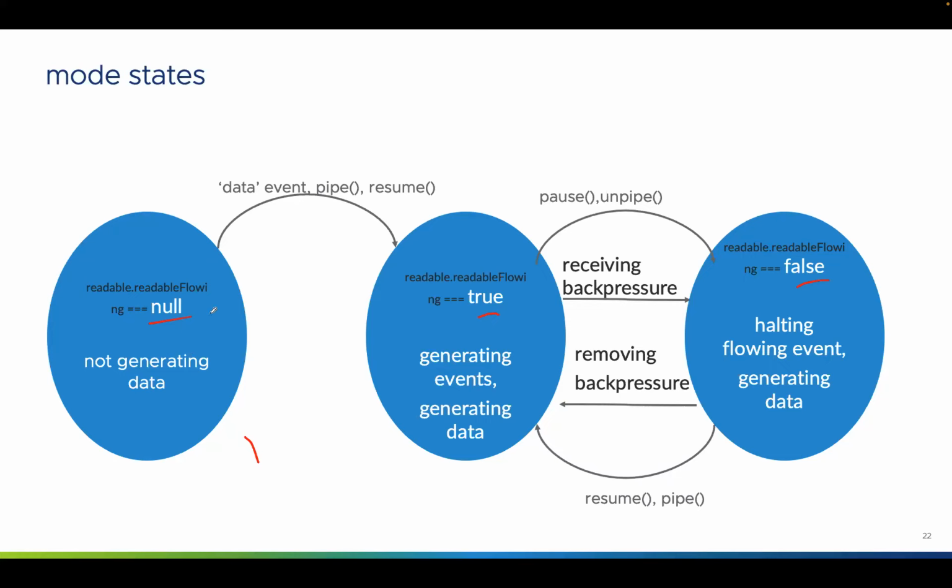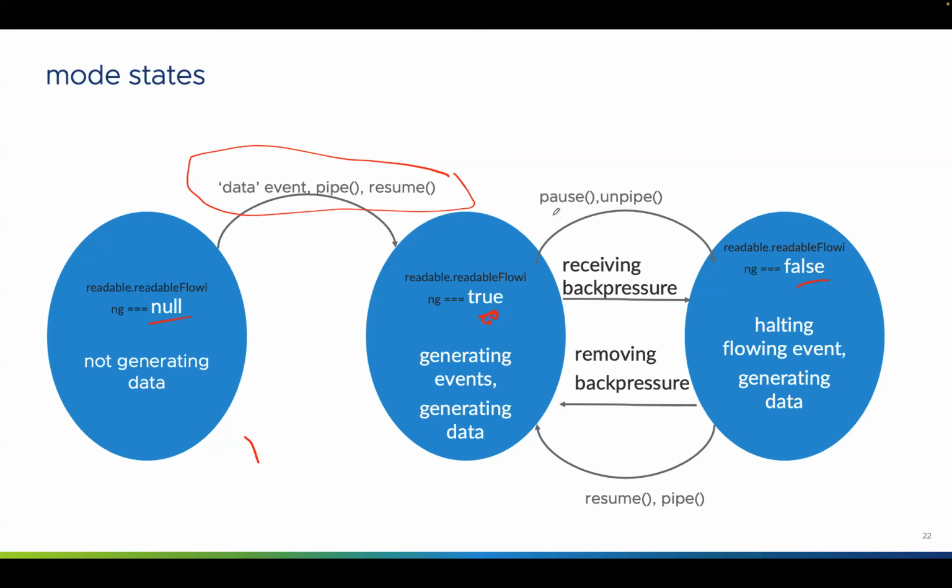At the beginning it is null, and the readable stream is not generating any data. When you add a data event, pipe, or resume, we talked about these three options, it turns to true. The readable stream starts generating events and data. This is flowing mode, equals true.